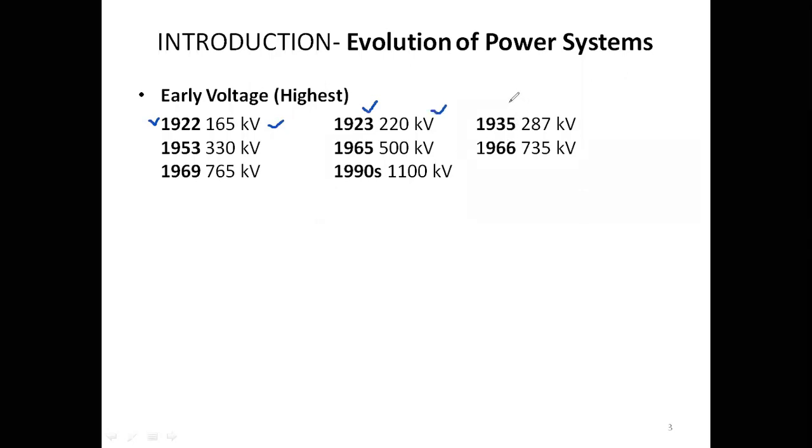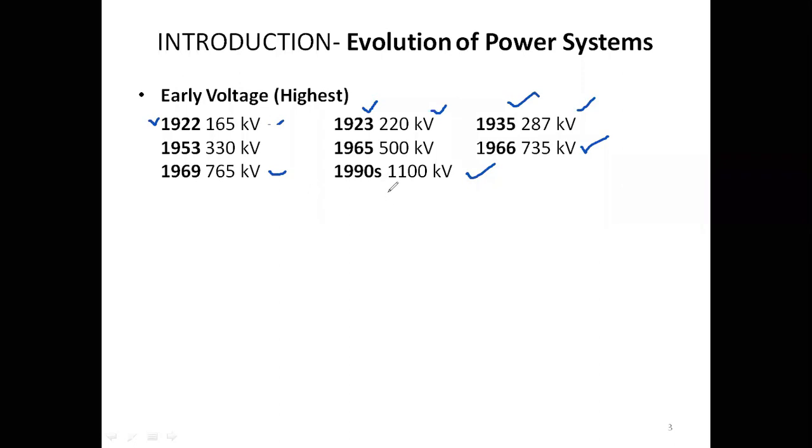In 1935, 287 kV, then 330 kV, 500 kV, 735 kV in 1966, 765 kV in 1969, and 1100 kV in the 1990s. So gradually the voltage was increased from 1922 to the 1990s.